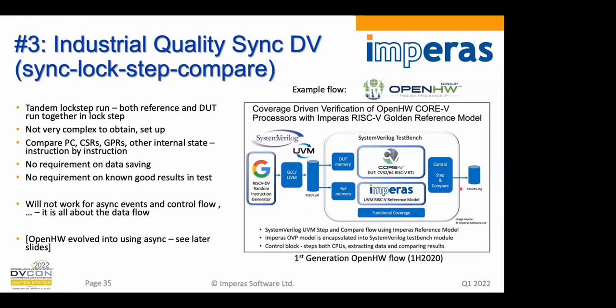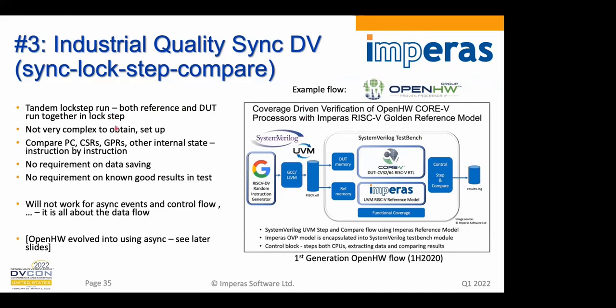And initially in the first generation in early 2020, it was very much a synchronous approach. So it's a tandem lockstep approach where you run both the reference and the design under test together, clock by clock effectively, and you're comparing them all the time.